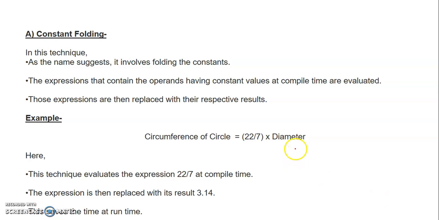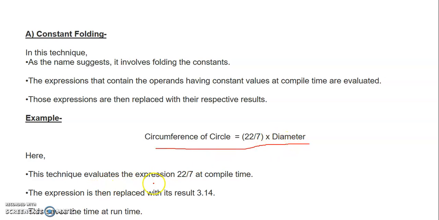So what is constant folding? As the name suggests, it involves folding the constants. Suppose this instruction is given by a programmer: circumference of circle is calculated as 22 by 7 multiplied by diameter.